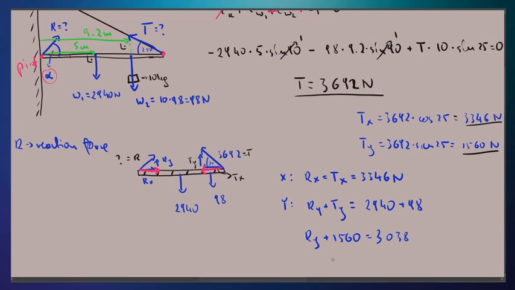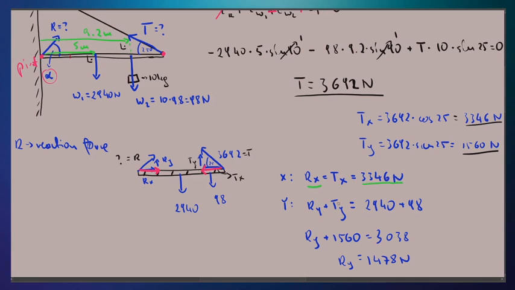Then I can subtract this, and so now I'm going to have Ry equals, let's just run this through, 1478. So 1478 newtons. Okay, so now I have Rx and I have Ry.